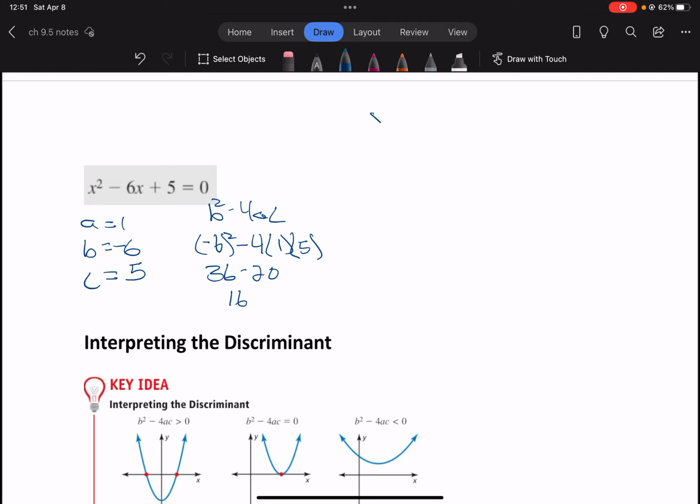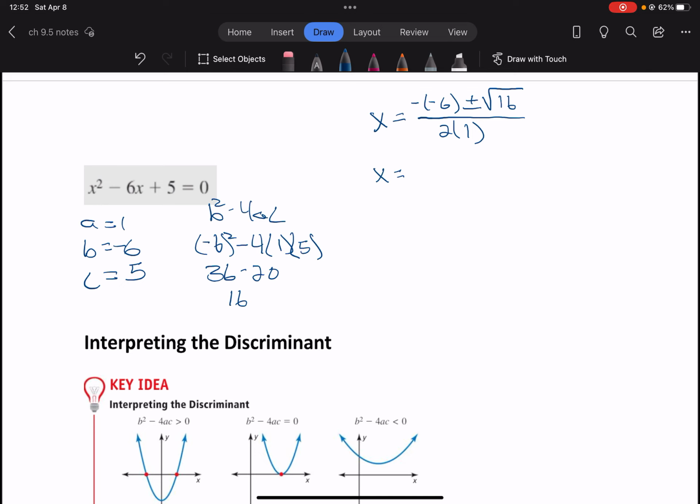So I end up with x equaling negative 6 plus or minus the square root of 16, all divided by 2 times a, which is 1.